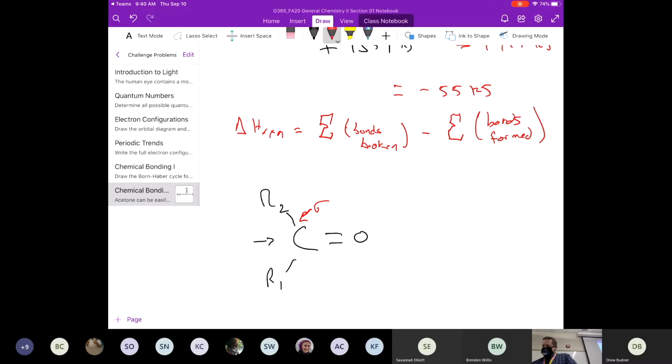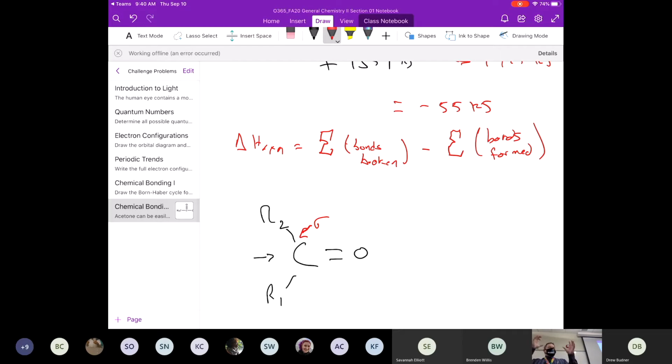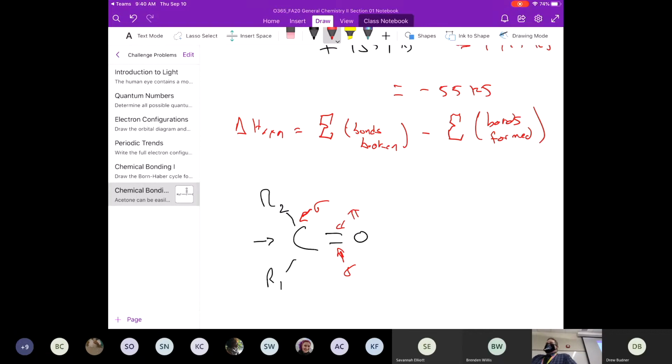If we look at the carbon here, and we'll come back to this terminology, a double bond has electrons between the two nuclei and then above and below. So one of these bonds is the sigma bond. And the other is what we refer to as a pi bond. And we'll come back to this example again later when we talk more about this bonding.